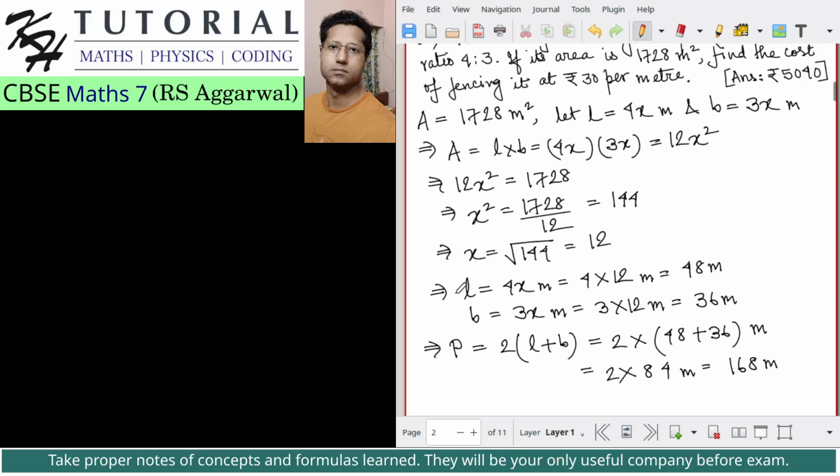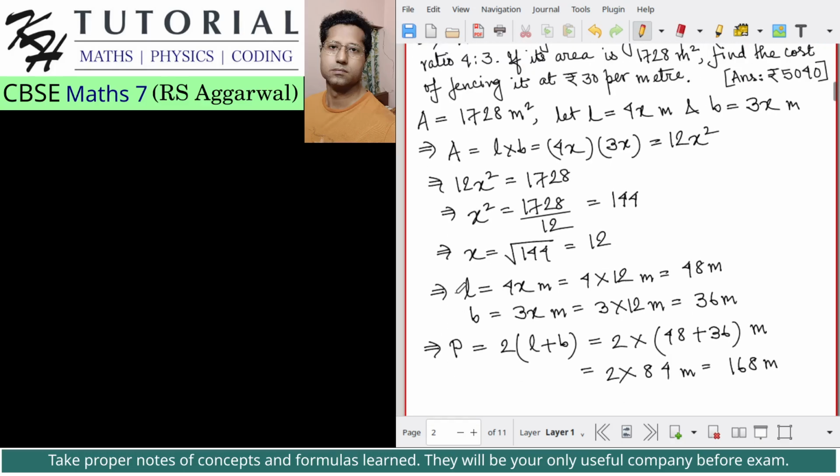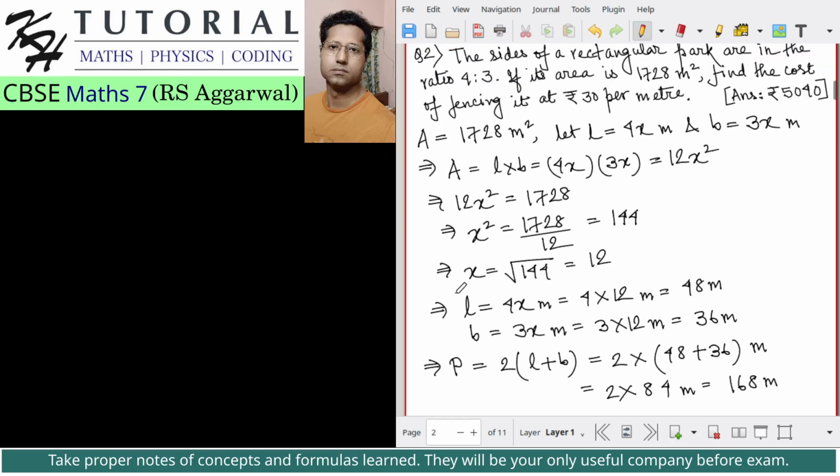But remember that the rate of fencing, the rate per meter, that per unit must match with the unit of the perimeter. So in this problem, we have found the perimeter to be in meter, and also the cost of fencing is given as rupees 30 per meter. So we can simply multiply the perimeter with the rate, that is rupees 30.